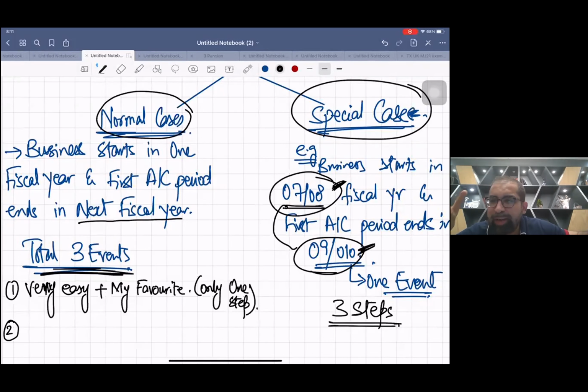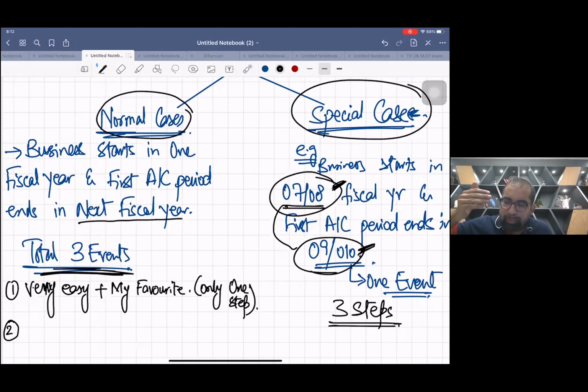Now you have only two options. First, try 12 months back from the ending date of the first accounting period. And if this 12 months back is not possible, then go 12 months forward from the opening date of the accounting period. That's it. I repeat the second case.